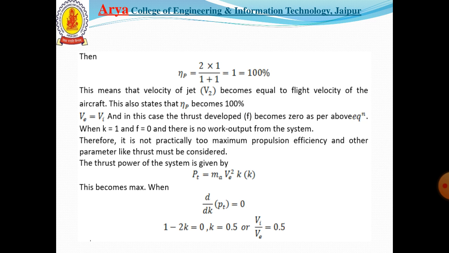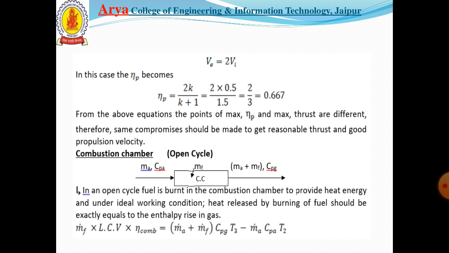Thus, the power of the system is given by Pt equal to ma into Ve square into k into (1 minus k). This becomes maximum when, by differentiating the equation with respect to k and putting the value equal to 0, we get 1 minus 2k equal to 0 and k equal to 0.5, or Vi upon Ve equal to 0.5, or we can say Ve equal to twice of Vi.